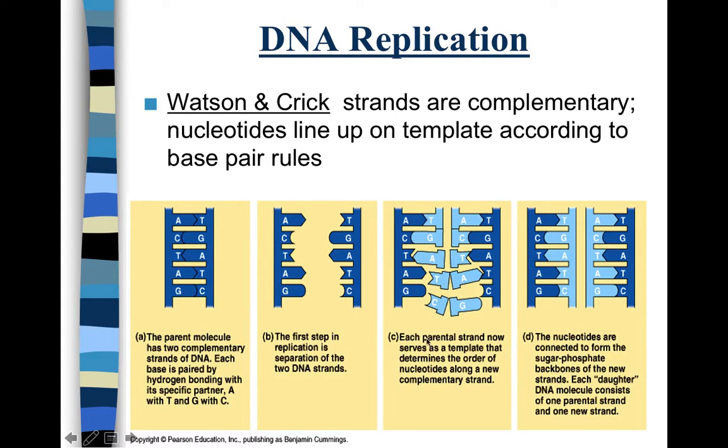Each parental strand now serves as a template that determines the order of nucleotides along the new complementary strand. The nucleotides are connected to form the sugar-phosphate backbones of the new strands. Each daughter DNA molecule consists of 1 parental strand and 1 new strand.